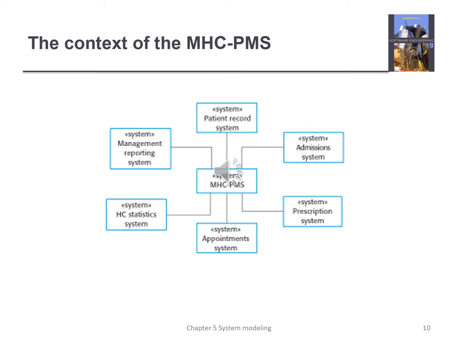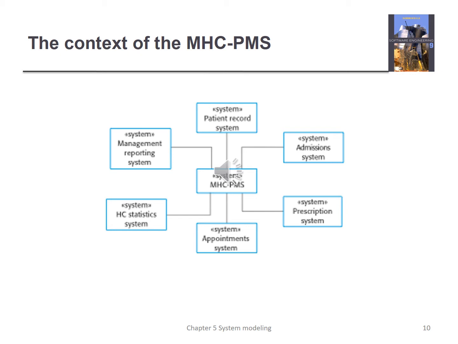In the definition we did a few slides ago, we mentioned level 0. Level 0 is the major entity of that system. And in this case, the context diagram is just one process, which is the name of it.